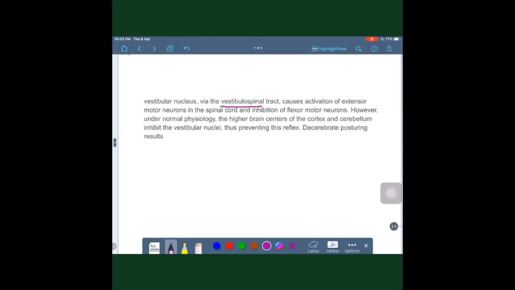Normally this extensor response will be inhibited by higher brain centers at the cortex and cerebellum, preventing this extensor reflex. When this normal inhibitory response from the higher center is lost, then extensor hypertonia will occur because of the vestibulospinal tract, so it causes decerebrate posturing.